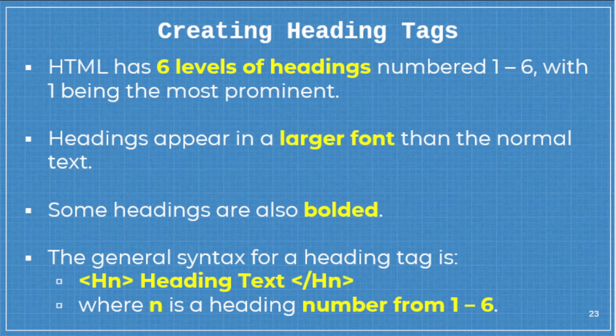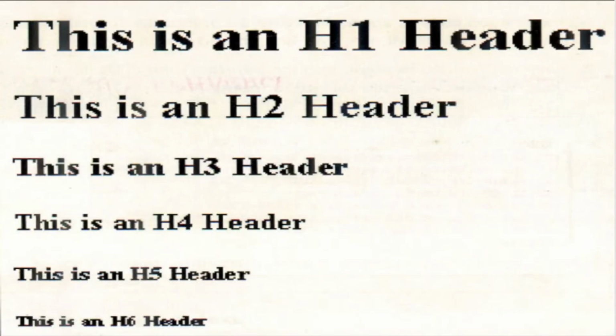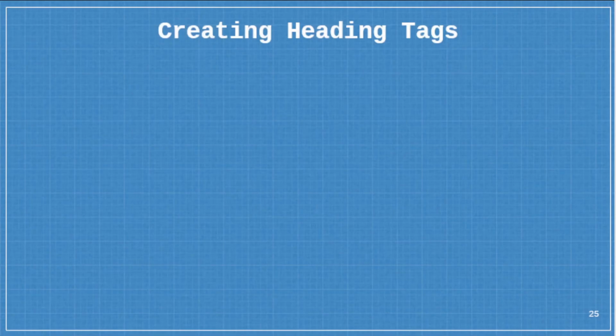Whatever the N value is, if you have a heading 1, H1, make sure you close it with /H1 as well. Do you understand? This is what it looks like. H1 is the one with the biggest font at the top. Then we have H2, H3, H4, H5, down to H6. You will be using that as we go along.